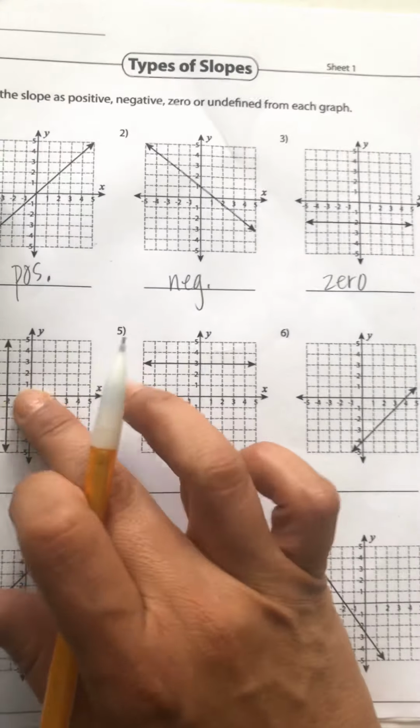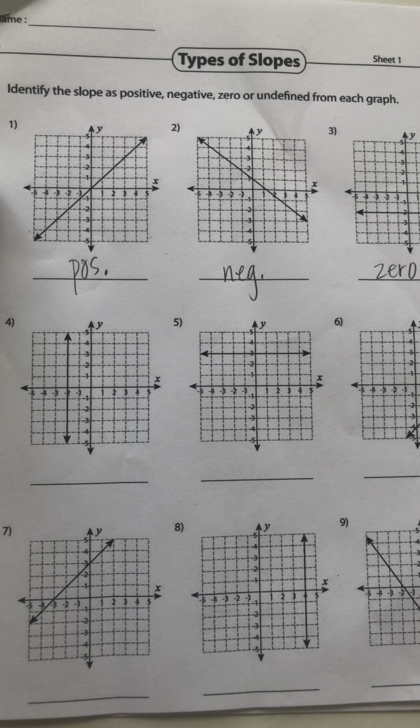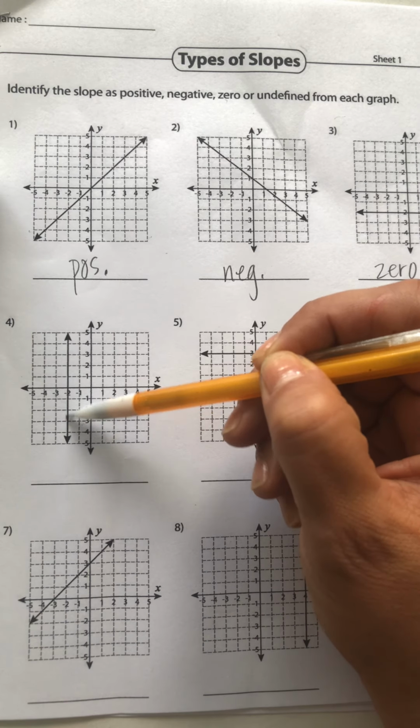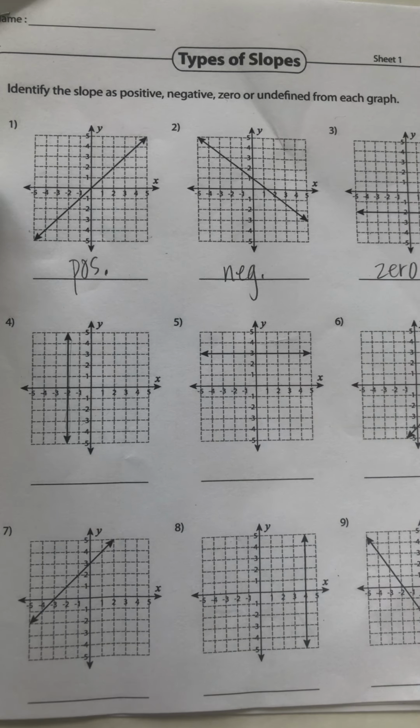And then this one over here, number 4, is called an undefined slope. Again, there really is no slope here. It's a vertical line because all the points on the line have the same x coordinate, right? It's all on the -2 x coordinate.